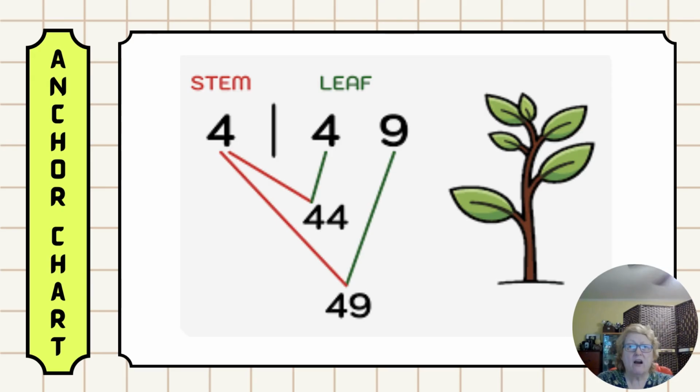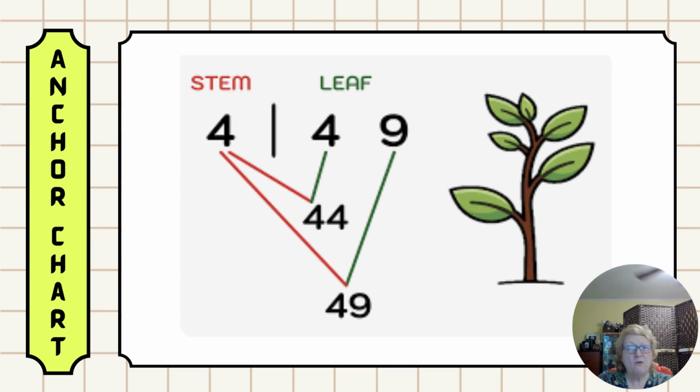And you can see here on the anchor chart as an example, if you have a stem of 4 and a leaf of 4, that stem 4 is the larger place value. The leaf 4 has less place value than the stem. And what does that number really represent? It represents the number 44.